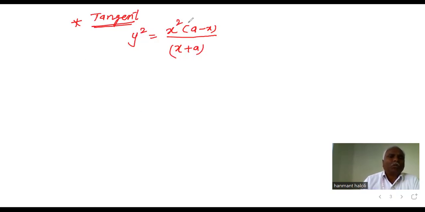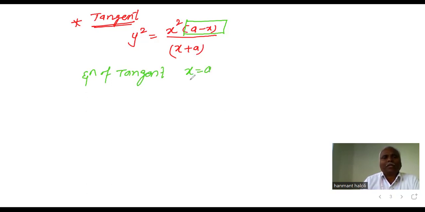To find the equation of the tangent, take the lowest degree term in the numerator. Equate the lowest degree term in the numerator equal to 0, and you get the equation of the tangent to the curve. Means a minus x equal to 0, and from this equation you get x equal to a. This is the equation of the tangent to the curve.